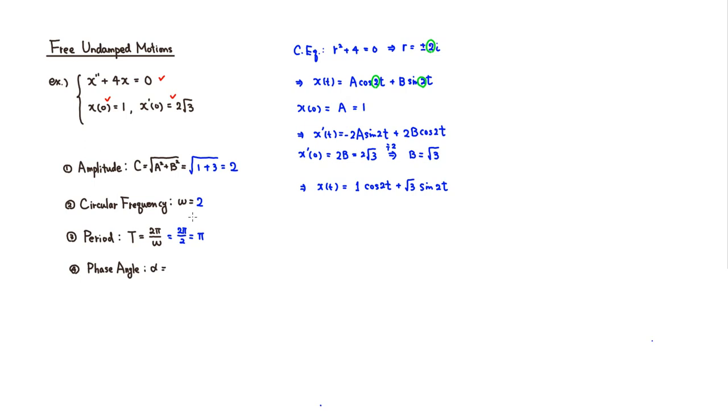Now let's pull out c, which is 2, so that 2 is outside. Then what you have is cosine of 2t times 1 over 2 plus sine of 2t times square root of 3 over 2.